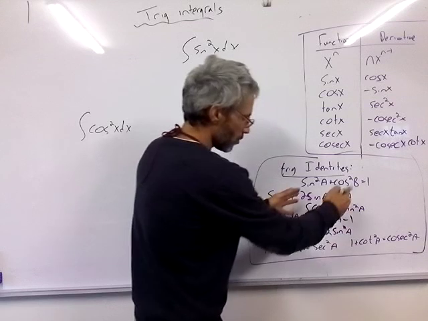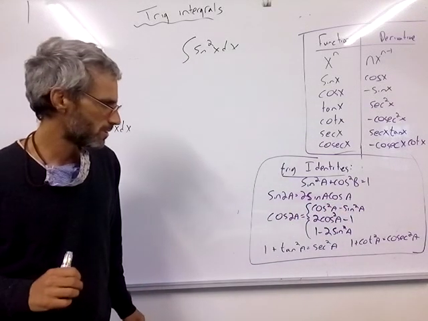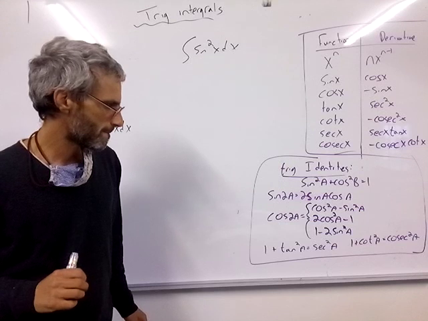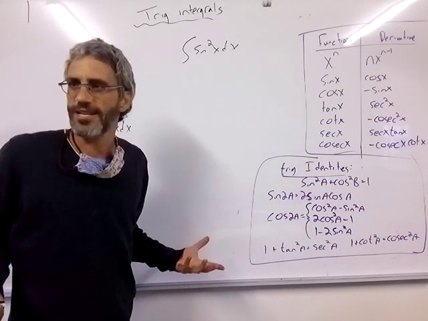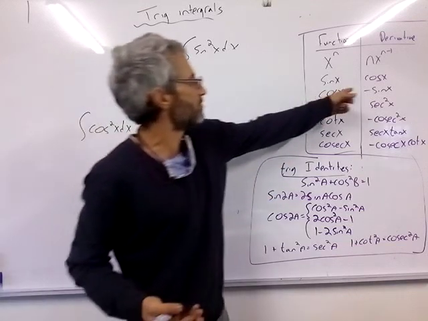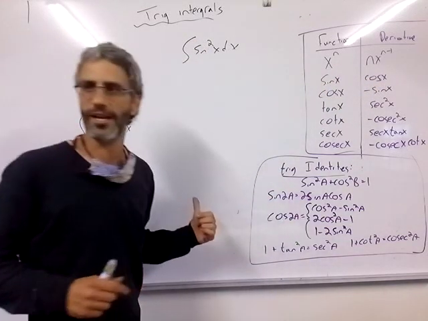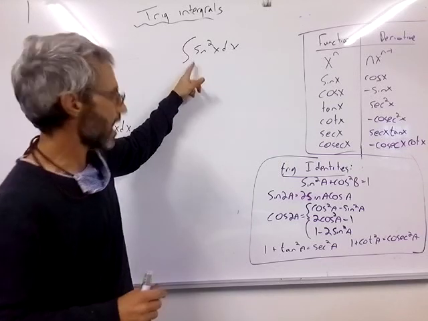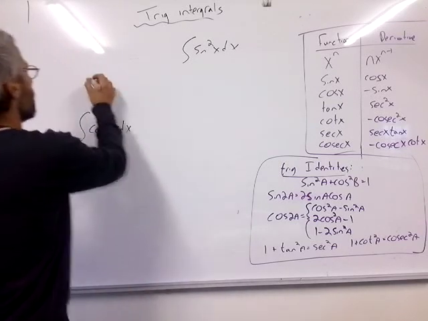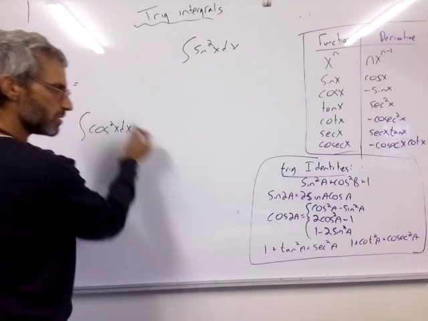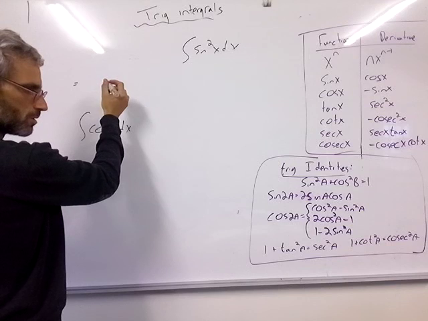Now, which one do you reckon will be easier to integrate, the right side or the left side? The left is dead easy. The left is virtually just that, with a constant. So we want to go to the left. So if I have sine square, what would sine square be equal to in terms of cosine 2a?